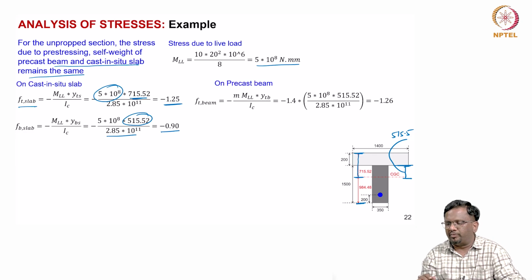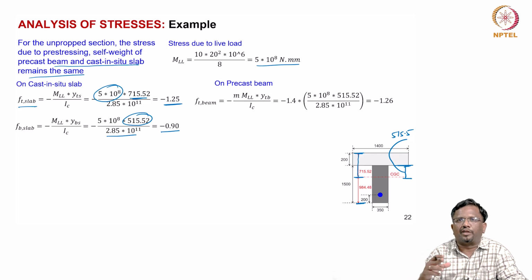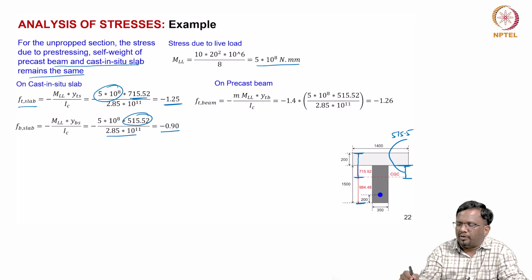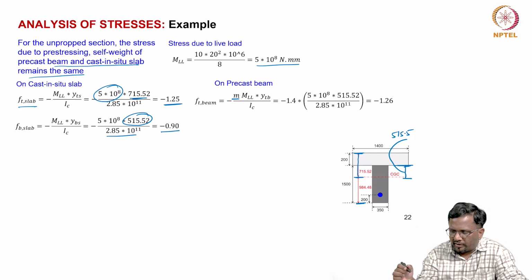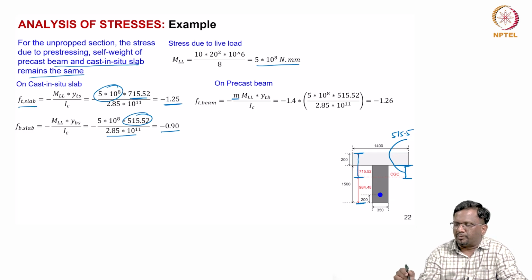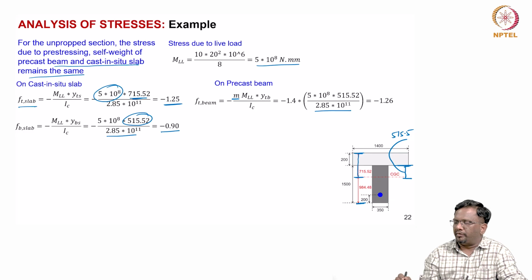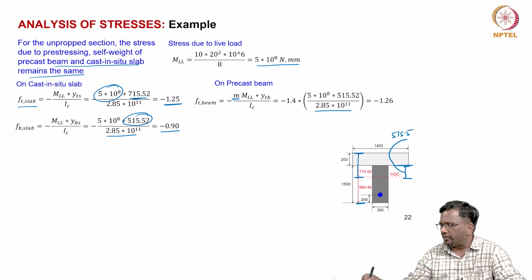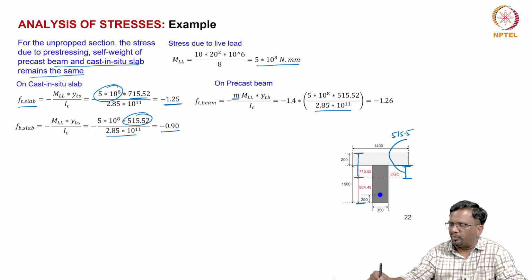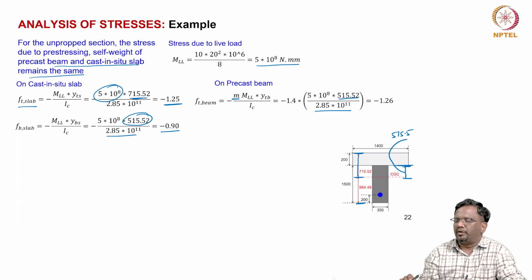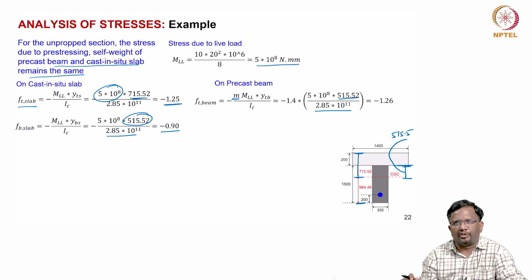On the precast beam, again we go through the precast beam. See, for the precast beam we are increasing the area, so your modular ratio will be higher. If you substitute that, your IC is 1.85 raised to the power of 11. And now you see here again we are doing the calculation at the top of your precast element. So y is 515.5, and you divide by the moment of inertia of your composite section.